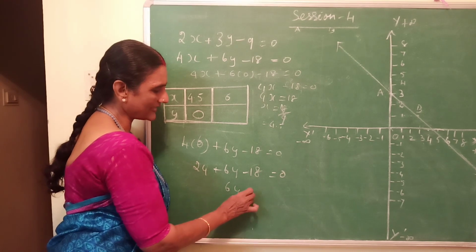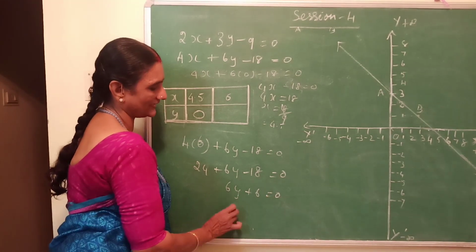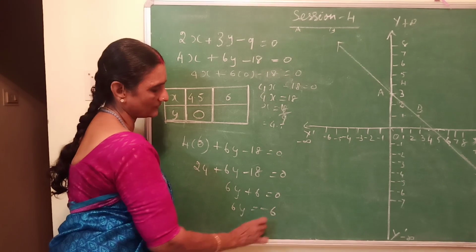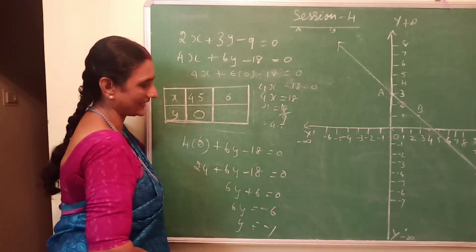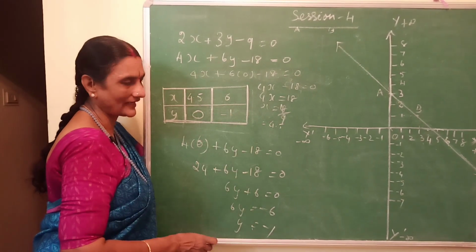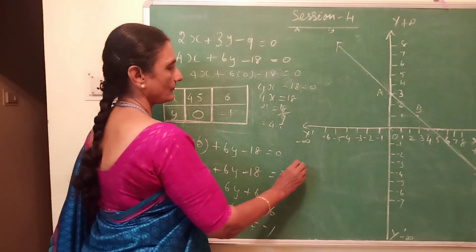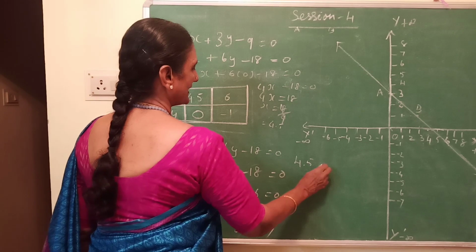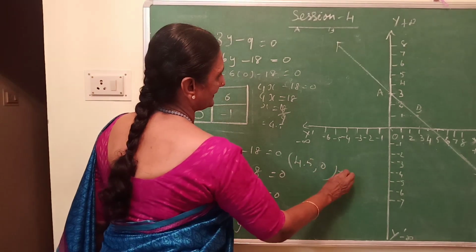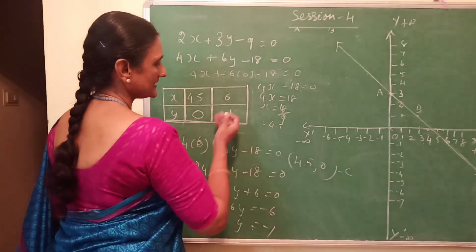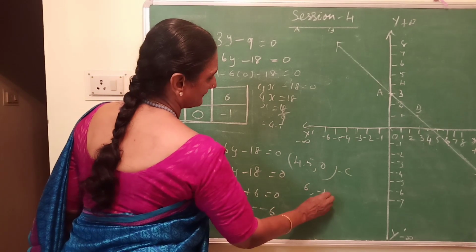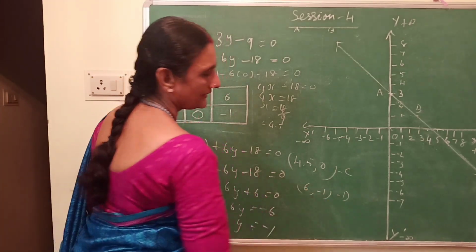So 6y plus 6 is equal to 0. 6y is equal to minus 6. y is equal to minus 1. So now tell me what are the points that I have to plot. (4.5, 0). Let us name the point as C. And then (6, minus 1) as D. Let us plot it.